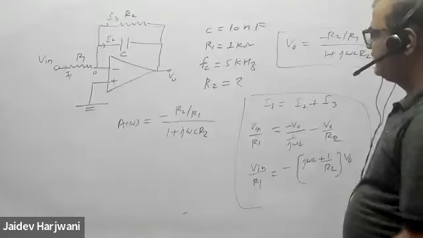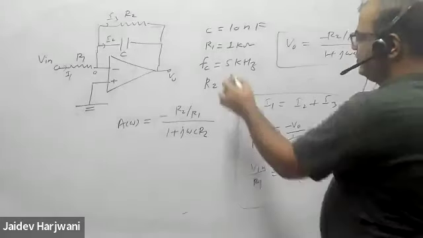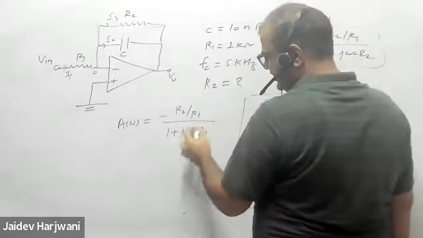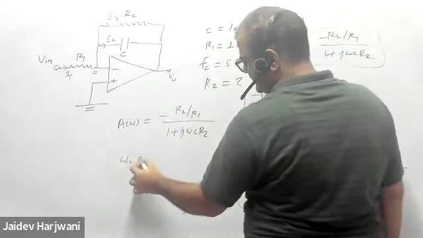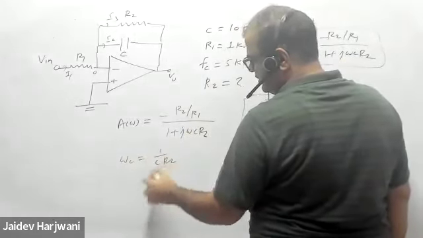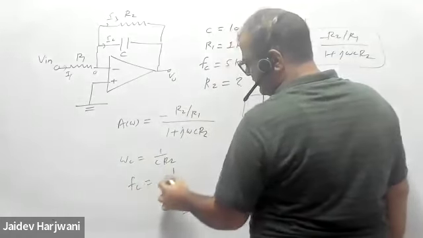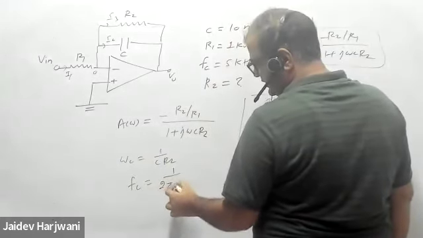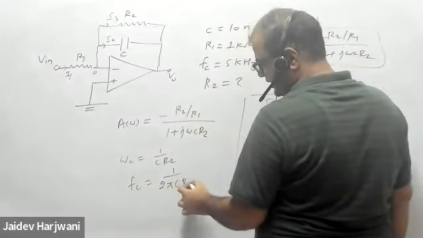So cutoff frequency is given 5 kilohertz. Okay. And what is cutoff frequency here? Cutoff frequency is 1 by CR2, that is FC is 1 upon 2 pi C R2.